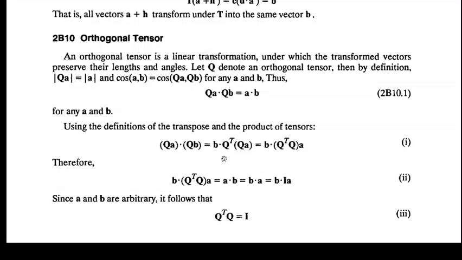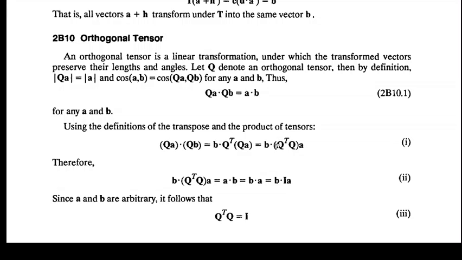Similarly, A dot TB is equal to B dot transpose of T acting on A. Here we have used the definition of transpose, and here we have used the product of tensors, that S of TA equals ST whole A, the definition of product of two tensors.